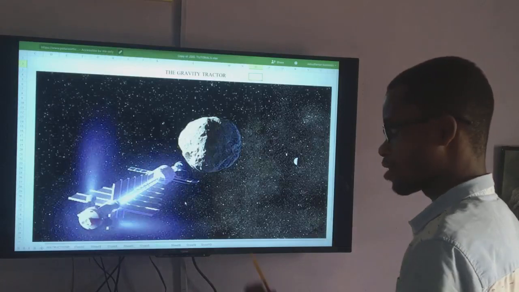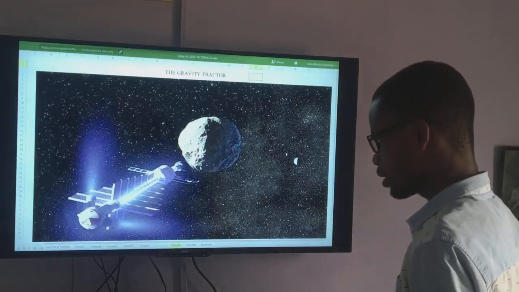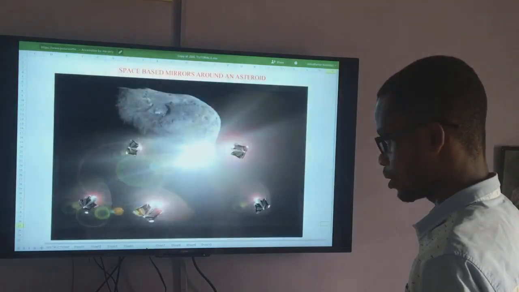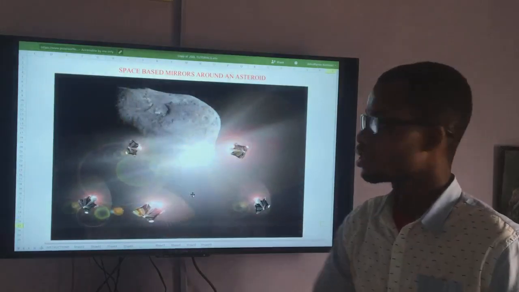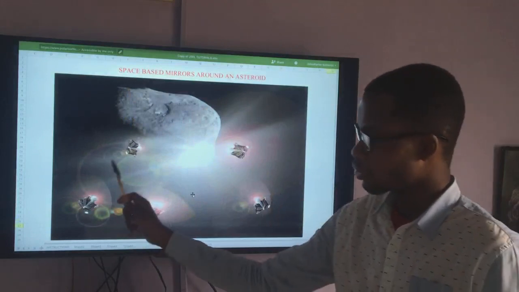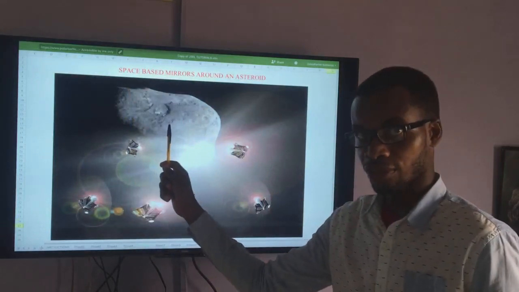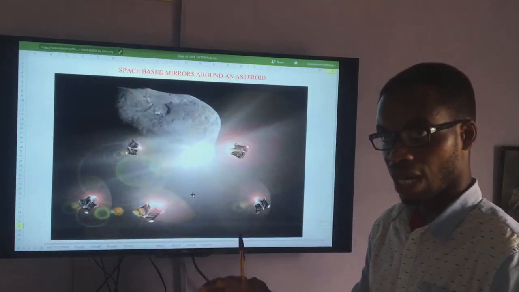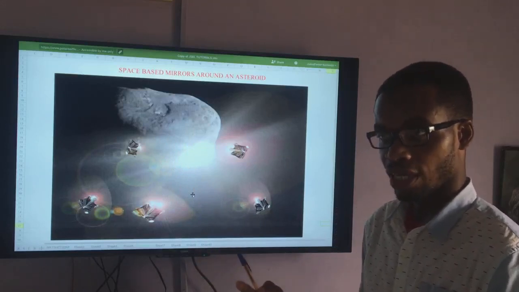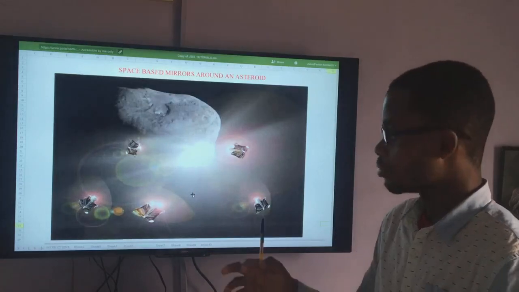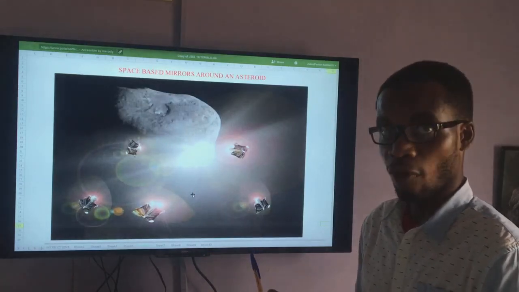Now let's look at the second one. With the second one, there's still an asteroid here, and you see these images throwing light on the surface of the asteroid. When an asteroid gets a lot of sunlight or solar energy, it begins to get deformed.